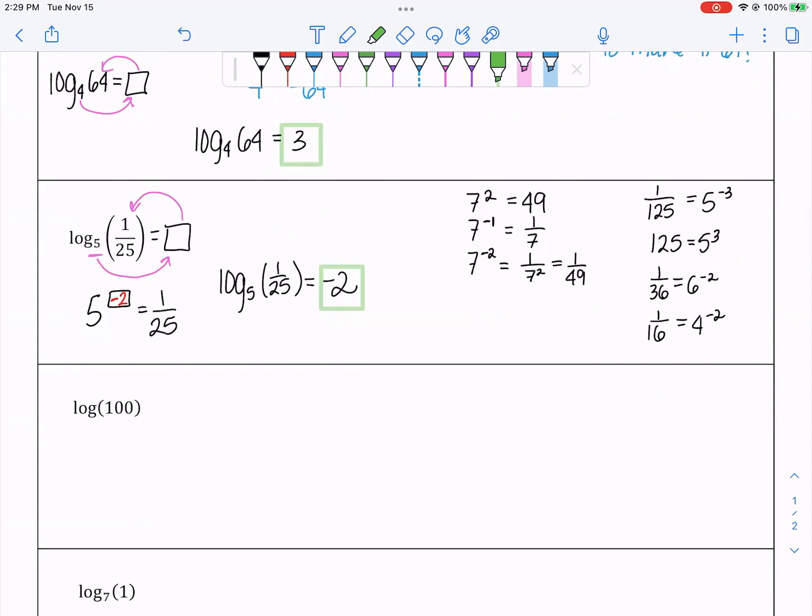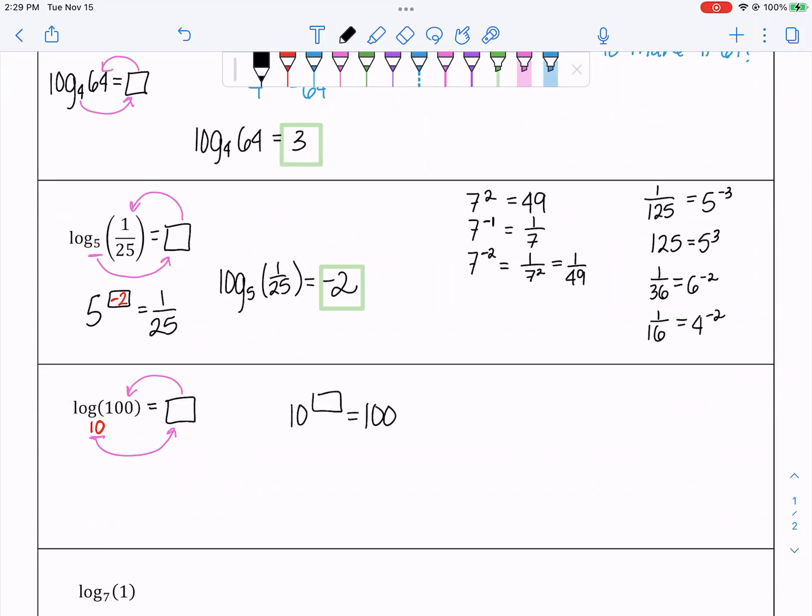Log of 100. When there's no base written, we are base 10. So we're asking ourselves, what is this equal to? 10 raised to what power gives us 100?